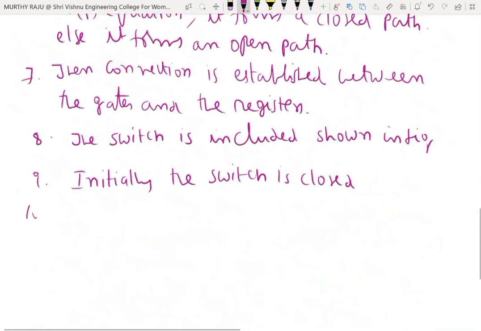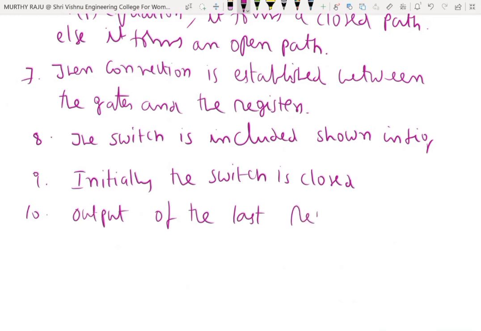Next important point here is that initially the switch is closed and the output of the last register is connected to gates.